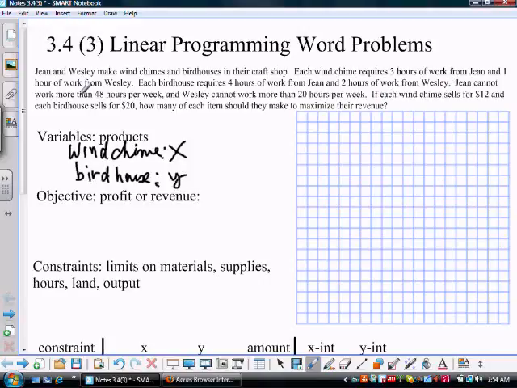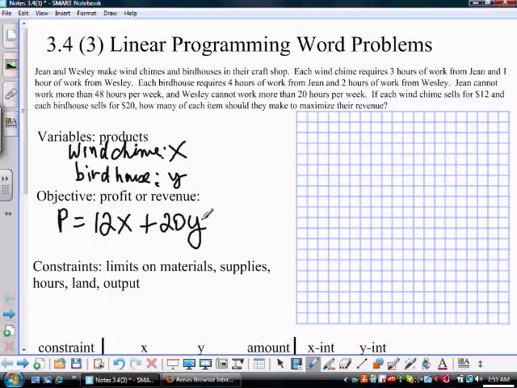That tells me my profit or revenue formula. I'll call it P for profit. You can call it whatever you want. P equals $12 times every wind chime I make plus $20 for every birdhouse I make. There's my objective equation.